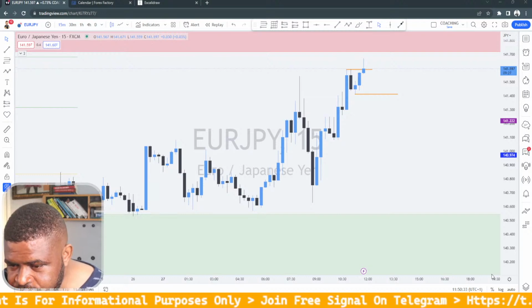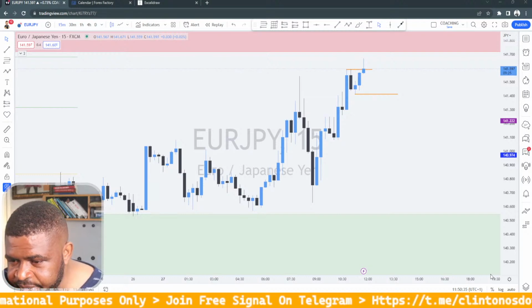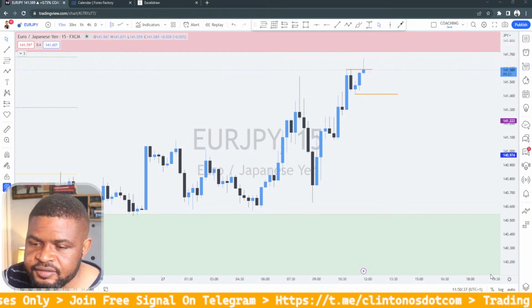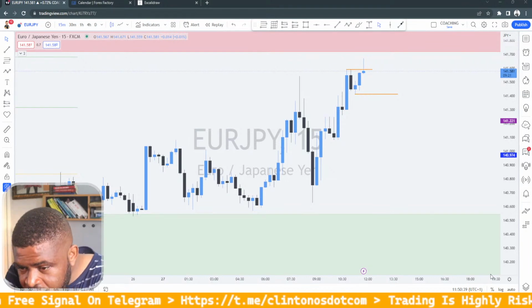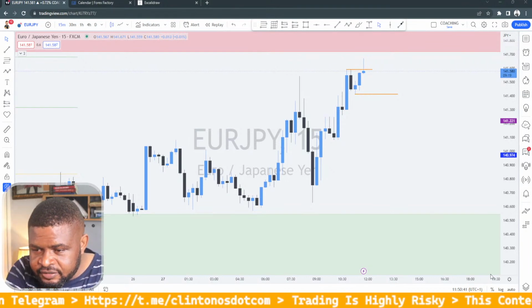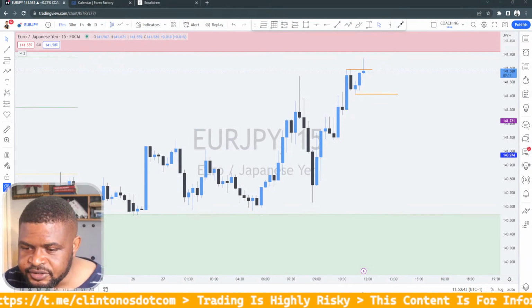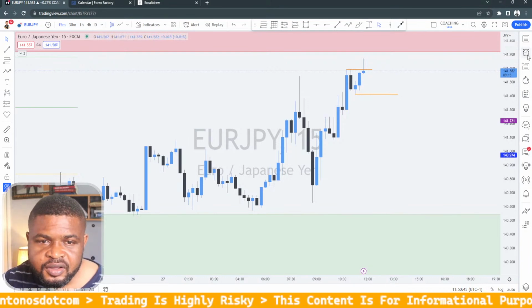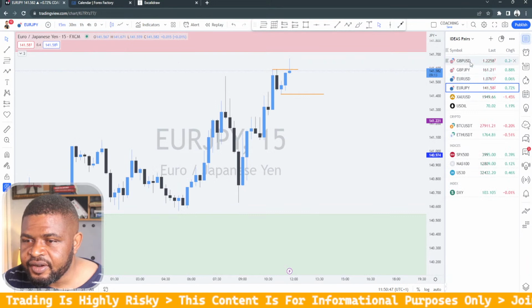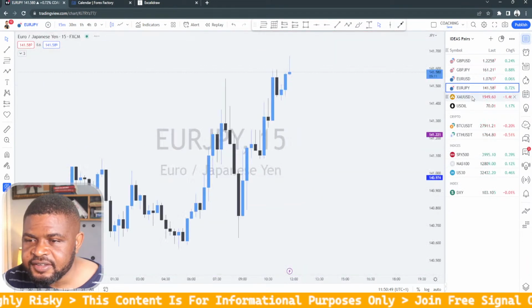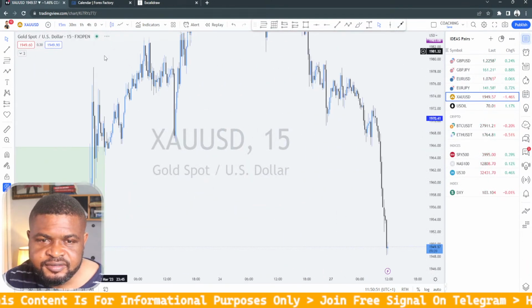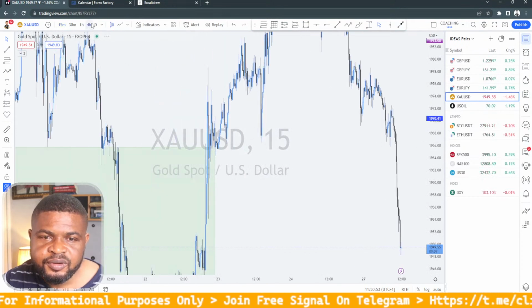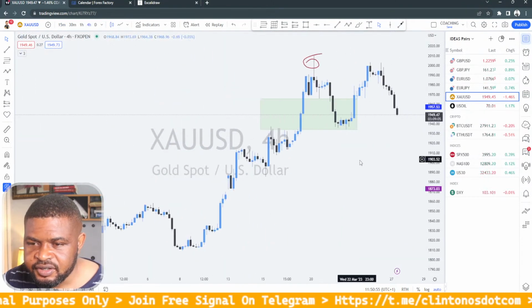Gold moving to key area. That's key, time for checking, right? Let me check gold key area. I didn't make analysis for gold, so thanks for letting me know about the key area.